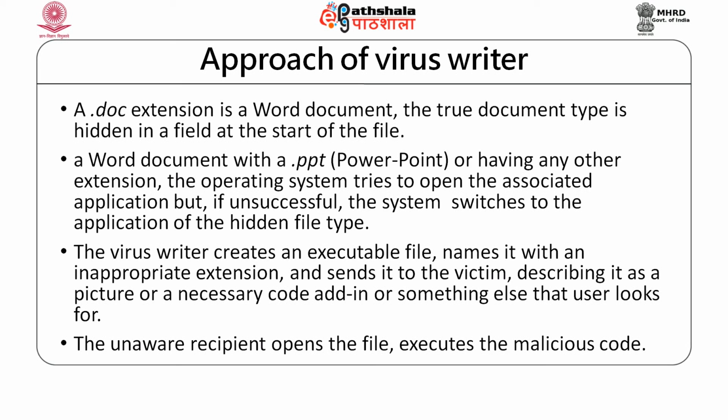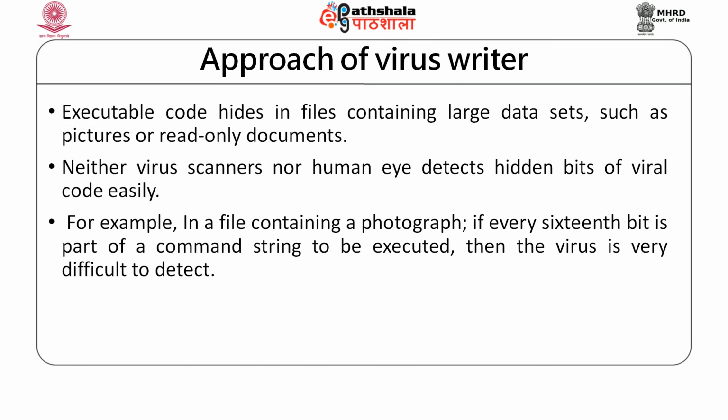The virus writer creates an executable file, names it with an inappropriate extension and sends it to the victim, describing it as a picture or necessary code to add in or something that the user is looking for. The unaware recipient would open the file and execute the malicious code.